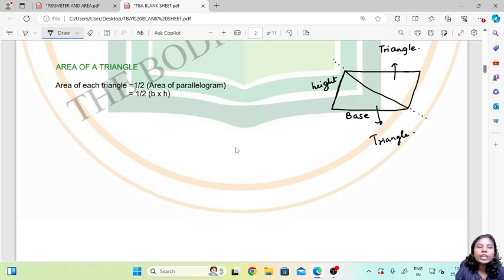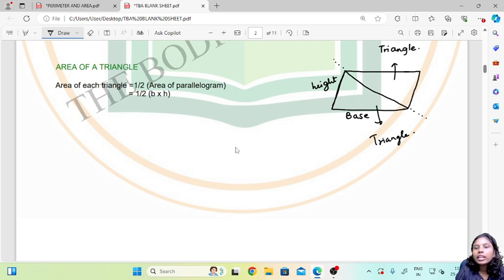So therefore it says area of each triangle is half the area of the parallelogram. Why? Because we are getting the triangles from the parallelogram itself. And why half? Because drawing a diagonal divides the parallelogram into two equal halves. Therefore we add this half over here. And area of parallelogram, we have just now learned that it is base into height.